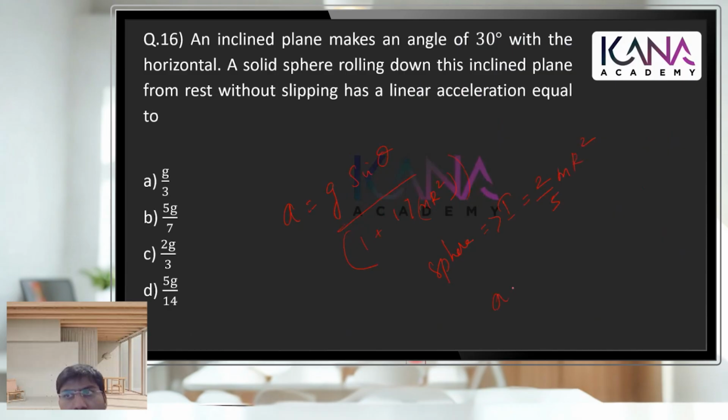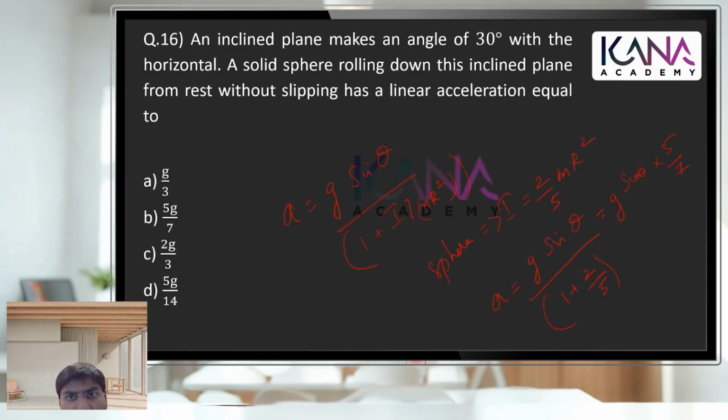So this means A is equal to G sin theta by 1 plus I by m r square. So we substitute this value here, and we are just left with the 2 by 5. And this will be G sin theta into 5 by 7.